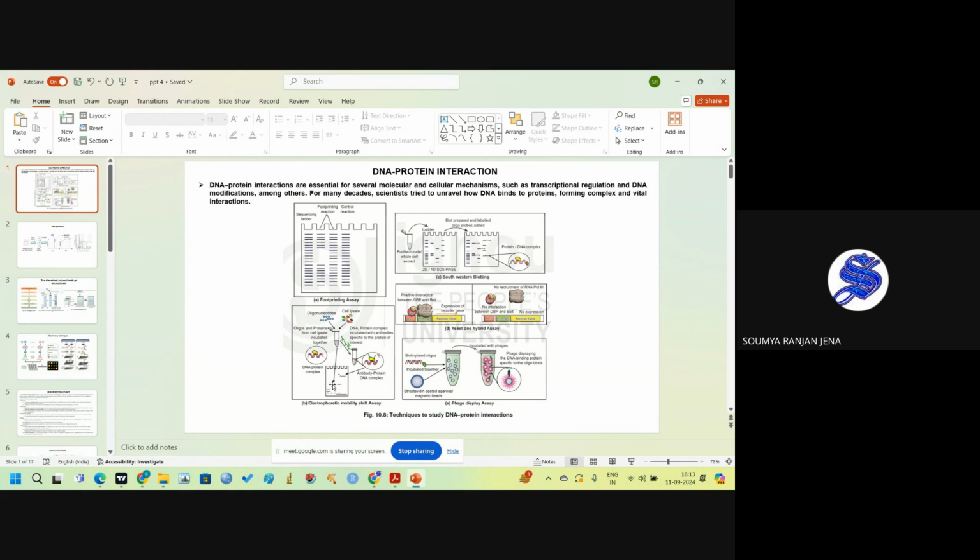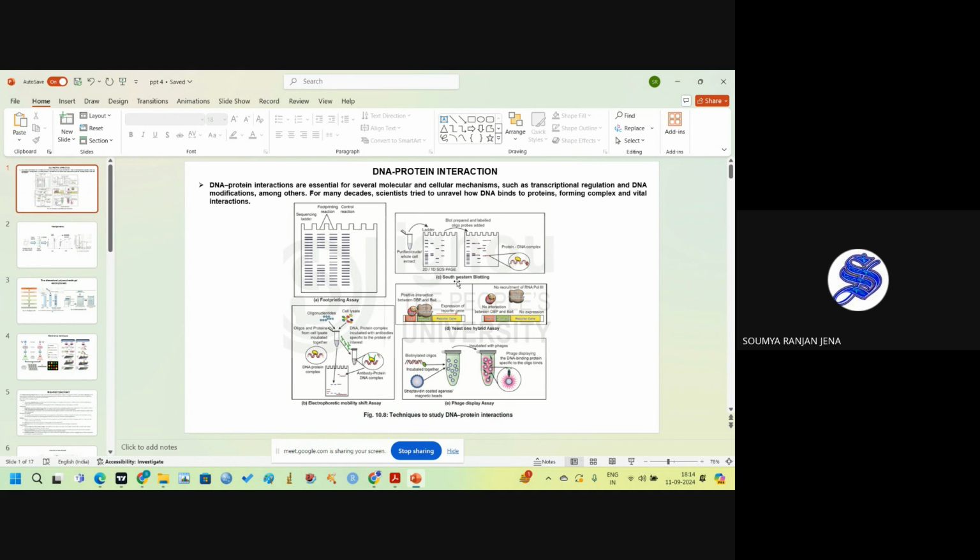This is the difference: the DNA-protein complex has one molecular weight, and the DNA, protein and primary antibody will give a new molecular weight. So from this shifting, you will find that this DNA is bound to a protein molecule.